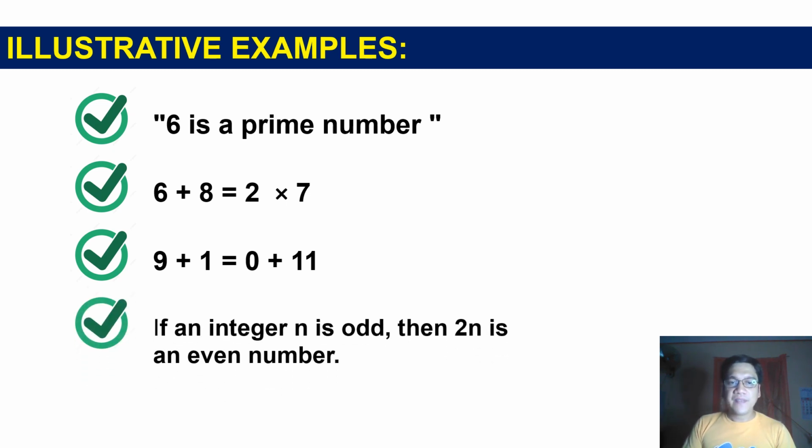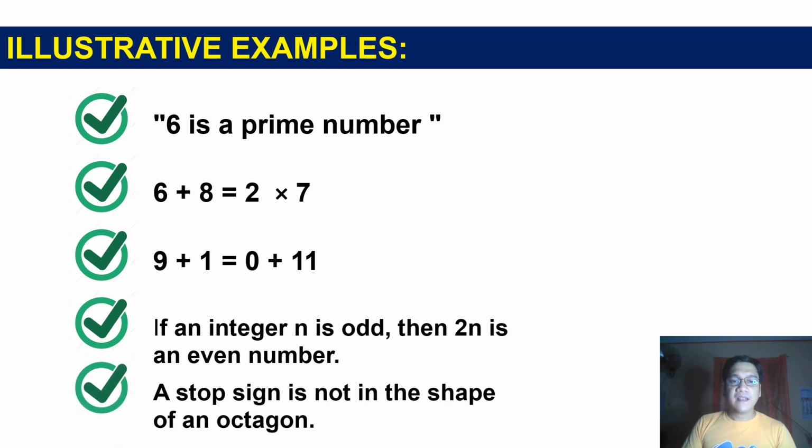Next is, if an integer n is odd, then 2n is an even number. This is also considered a mathematical sentence or mathematical statement since it expresses a complete idea and it can be judged as true or false. Next is, a stop sign is not in the shape of an octagon.